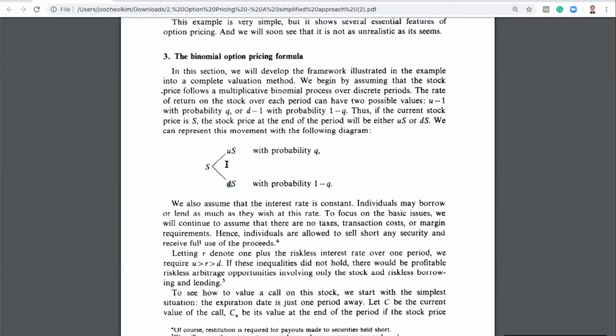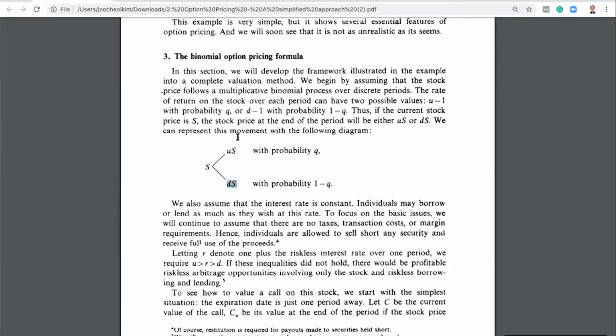Somebody gave me those numbers: U is say 1.1 and D is say 0.9, because in the up state we want a bigger number than S, and in the down state we want a smaller number. But actually it doesn't matter, as long as the upper part is bigger than the lower part.